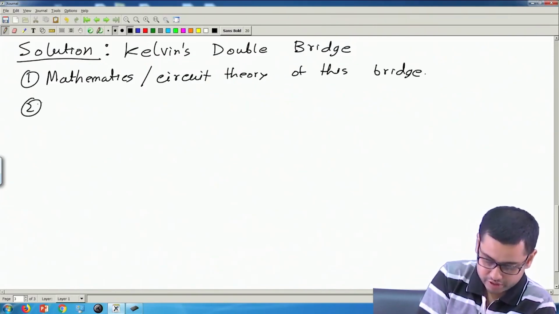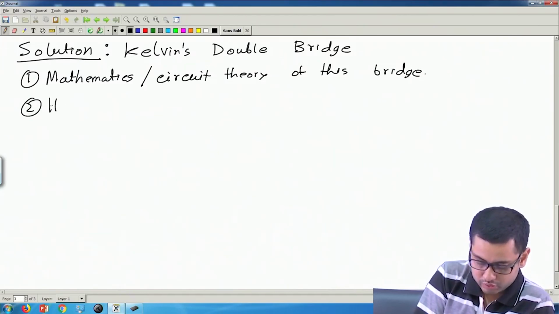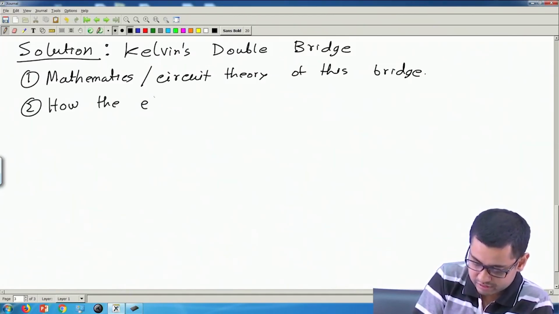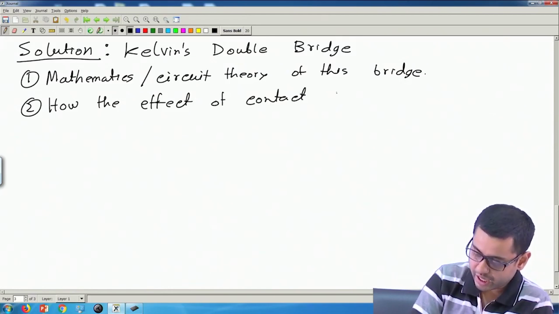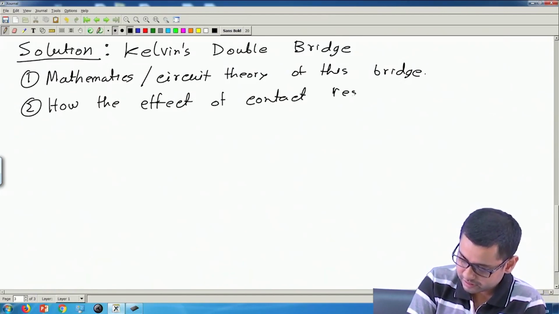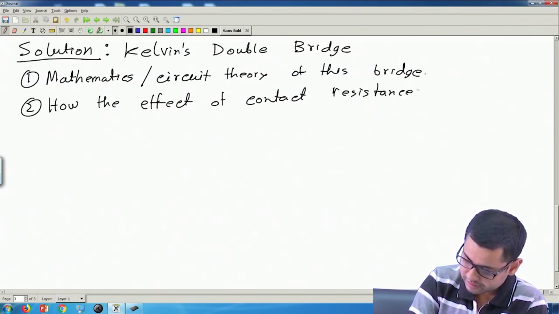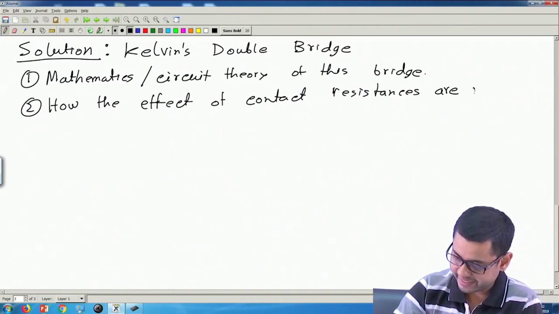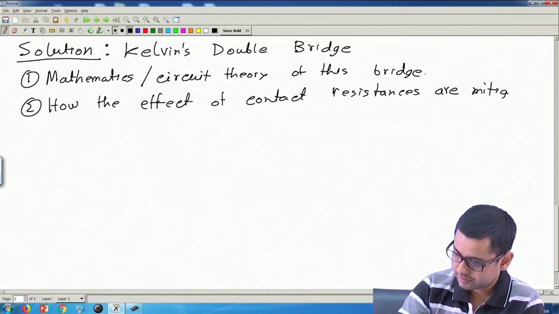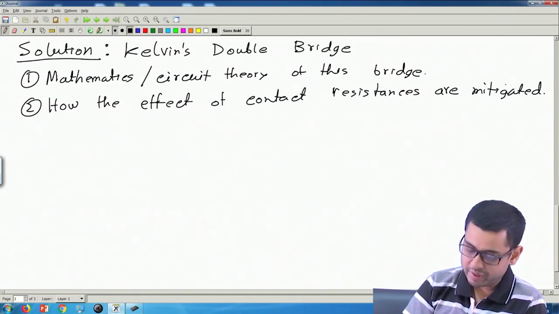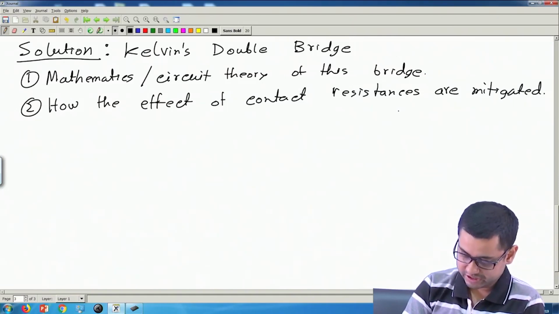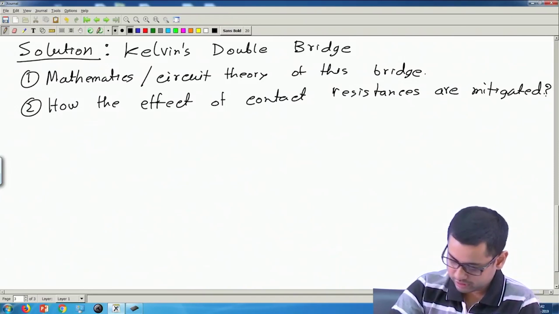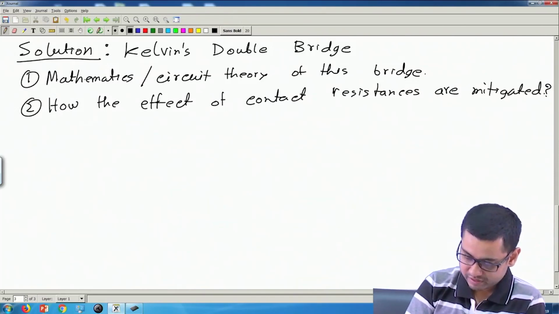And then we will talk in more detail how the effect of contact resistances or terminal resistances is mitigated. Or how the problem of contact resistance is solved. So these two topics we will cover while talking about Kelvin's double bridge.